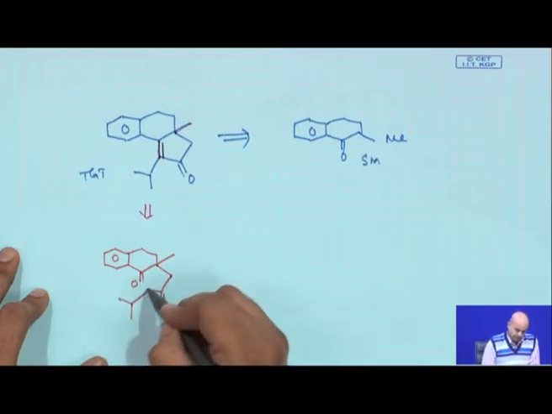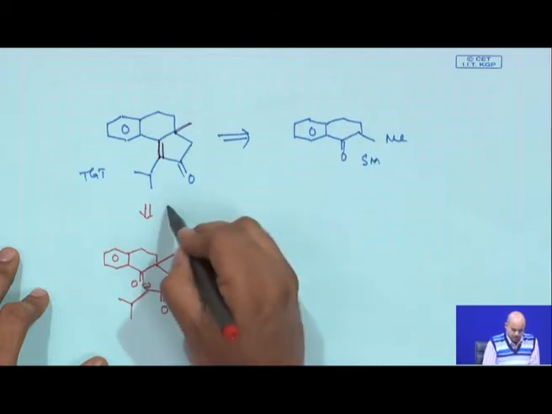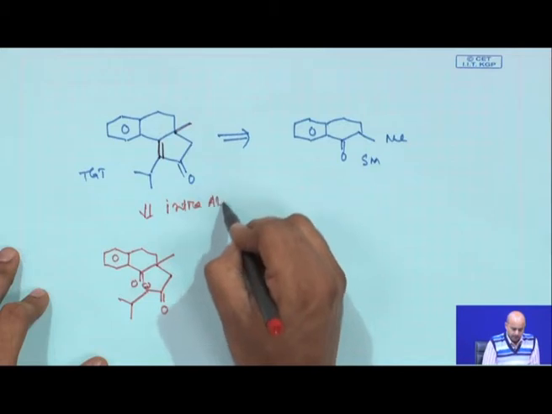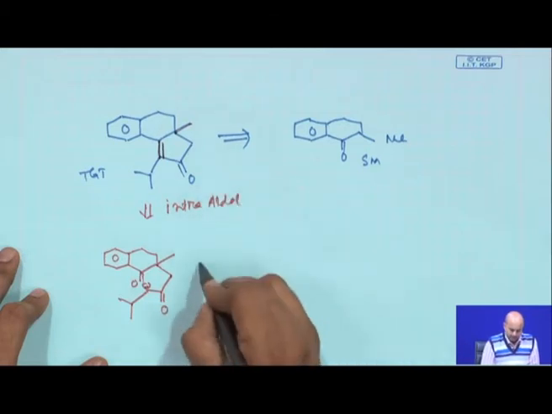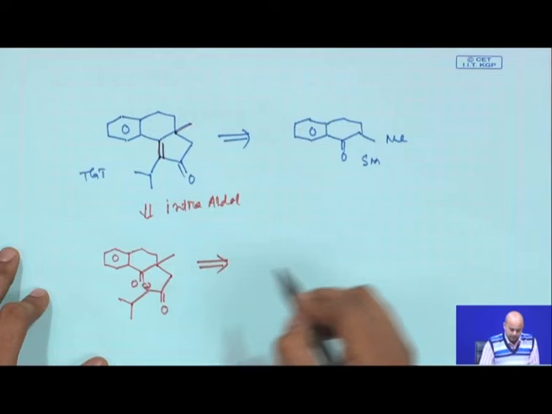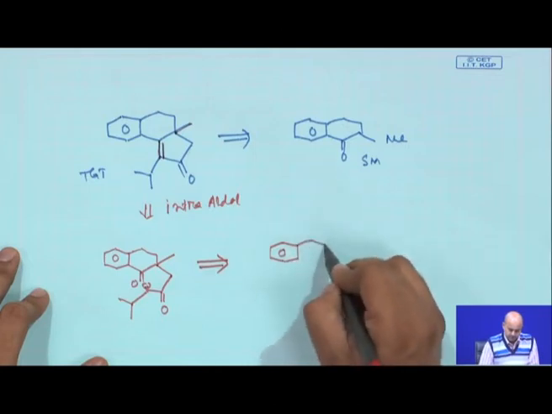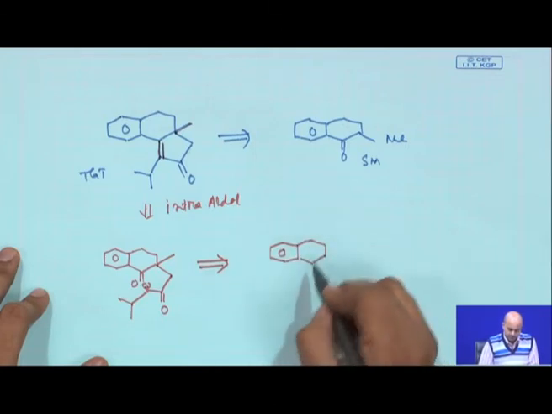So, you generate a carbanion here, you do an aldol. So, basically I call it an intramolecular aldol. Okay. Now, try to correlate this with the given starting material, how you can make it.